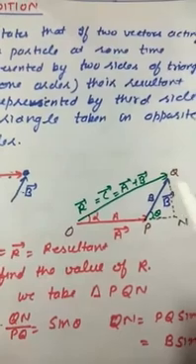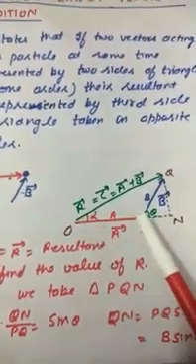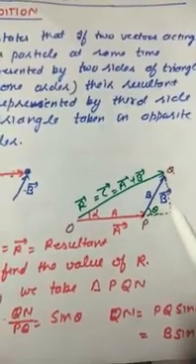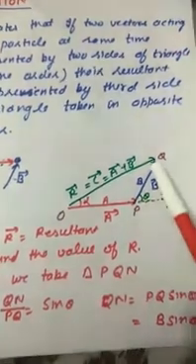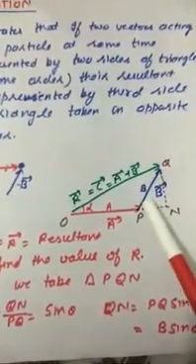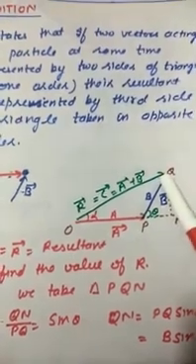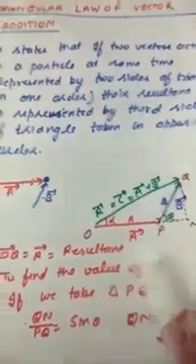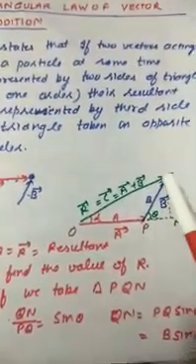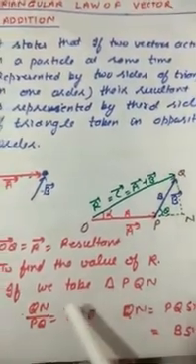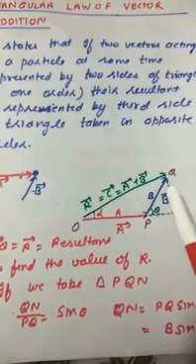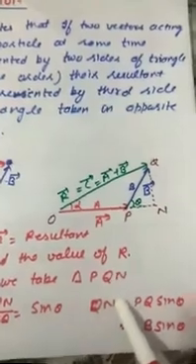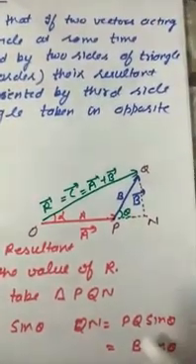Now from Q we draw a perpendicular by extending this vector A. It will meet at the point N. Now in the triangle PQN, this angle is theta, and what is the length of this side? B. Firstly we will take QN upon PQ, which is equal to sin theta, because for theta this is the perpendicular and this is the hypotenuse. So in this way QN is equal to PQ sin theta.